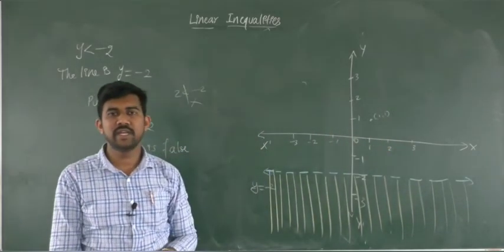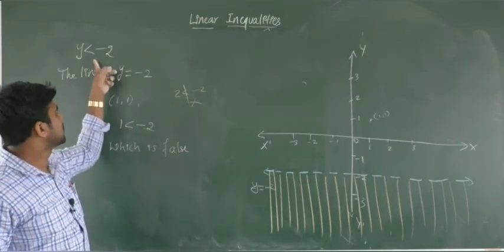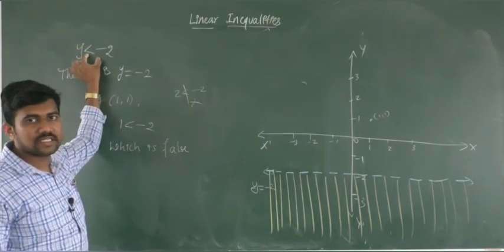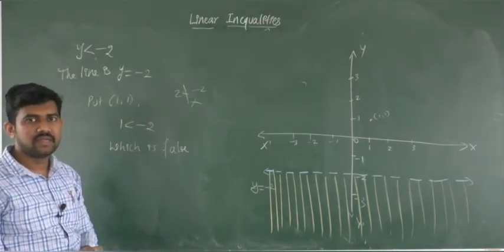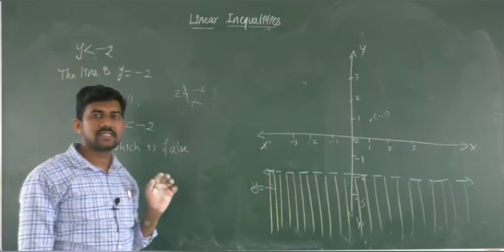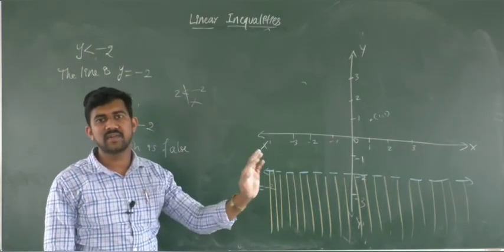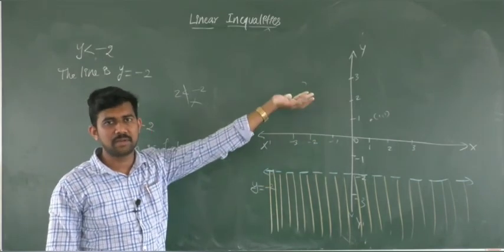One thing you may observe here: when you have a less than symbol, you will get the left side or lower side. If you have a greater than symbol, then the right side or upper half plane is the solution region. If you have a horizontal line, then the upper half plane.